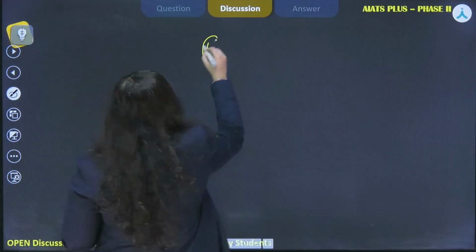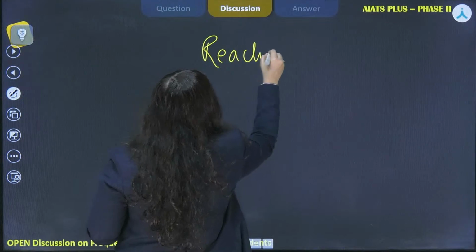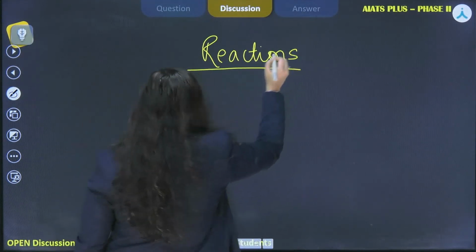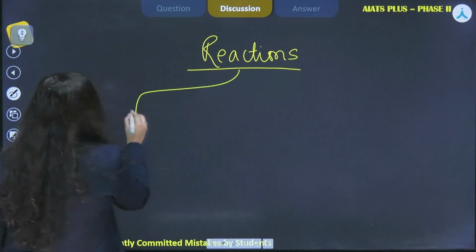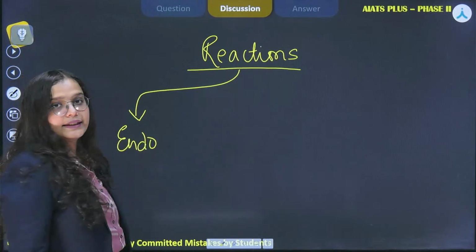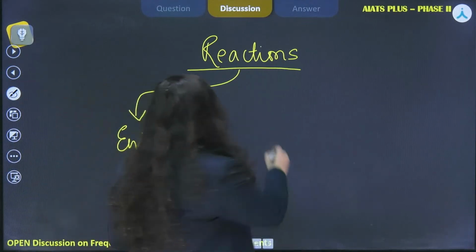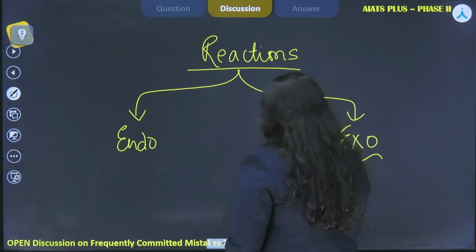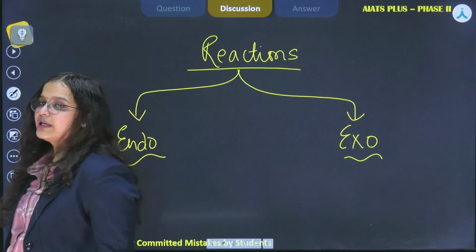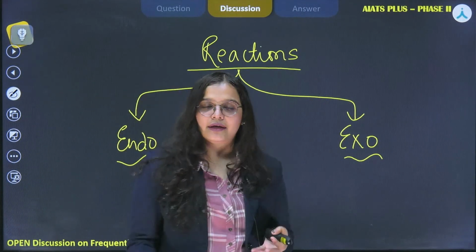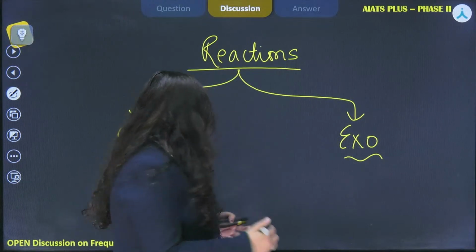So basically, chemical reactions can be of 2 types, which are endothermic reactions and exothermic reactions. As the name itself suggests, endothermic reactions require heat so that they can occur.